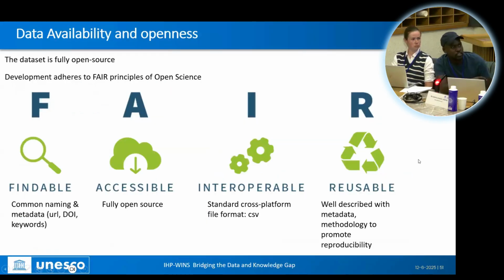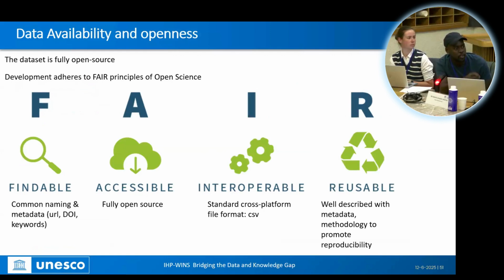Okay, so in the spirit of open science, we aim for the data set to fully comply with the 4 principles of open science. The data is findable through a URL, and we have assigned it a DOI. It's also fully accessible in the sense that it's fully open source.